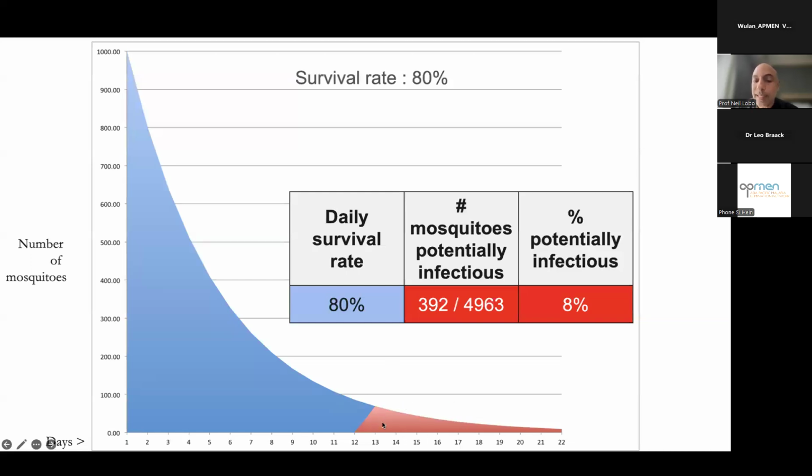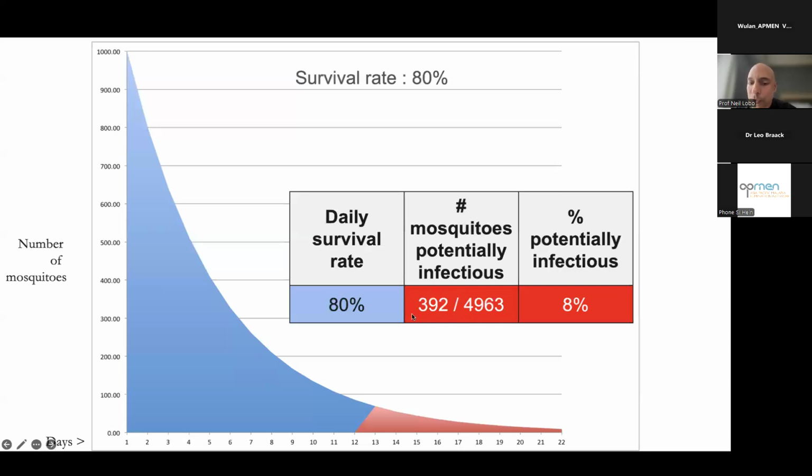So the mosquitoes that can actually have the potential to transmit malaria are the red ones at the end. And you can see on each day, that's a lot less than the 1,000 original mosquitoes. So now, if you add up the number of mosquitoes in every day, you can see that with a daily survival rate of 80%, in this 22-day period, we have about 4,963 mosquitoes.